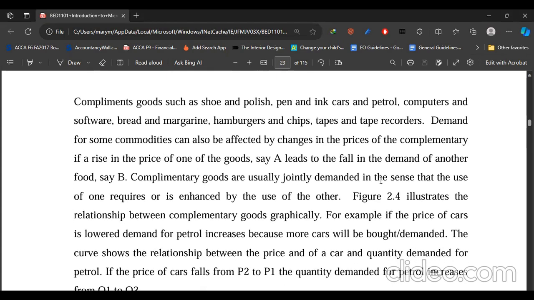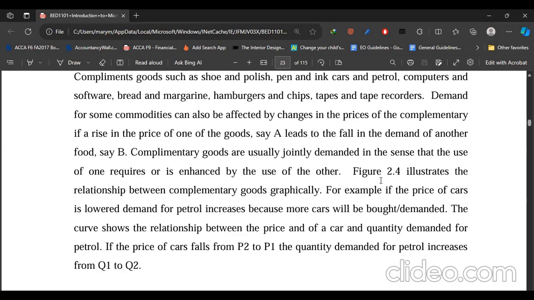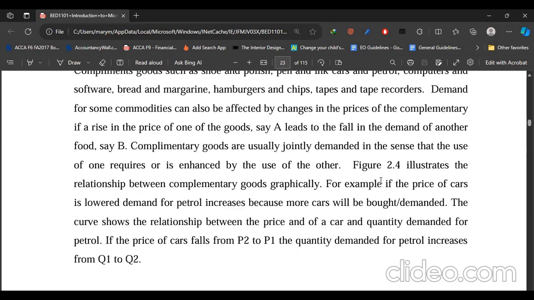If a rise in the price of one good, say A, leads to a fall in the demand of another good, B. Complementary goods are usually jointly demanded, in the sense that the use of one requires or is enhanced by the use of the other. This illustrates the relationship between the complementary goods graphically.